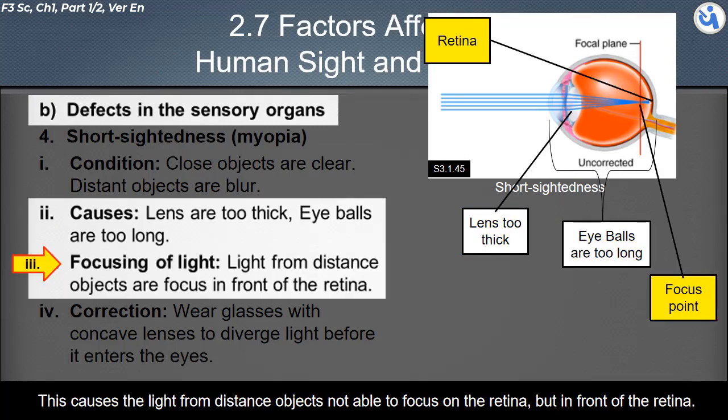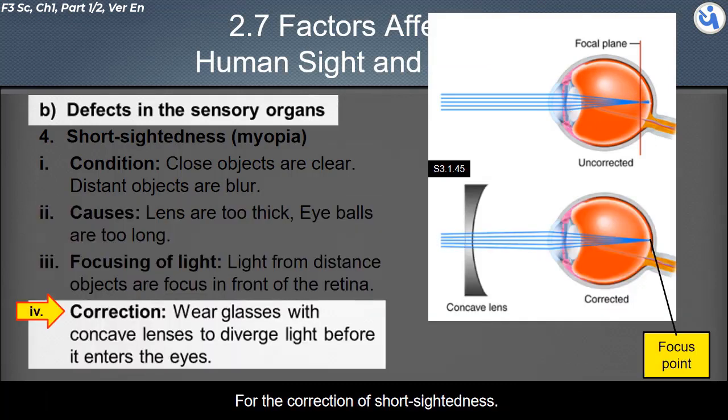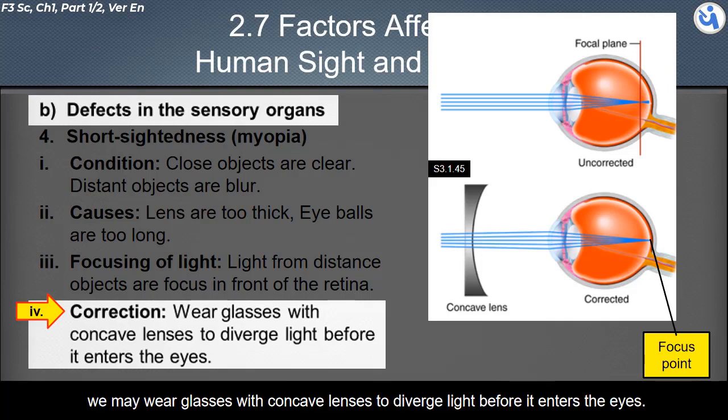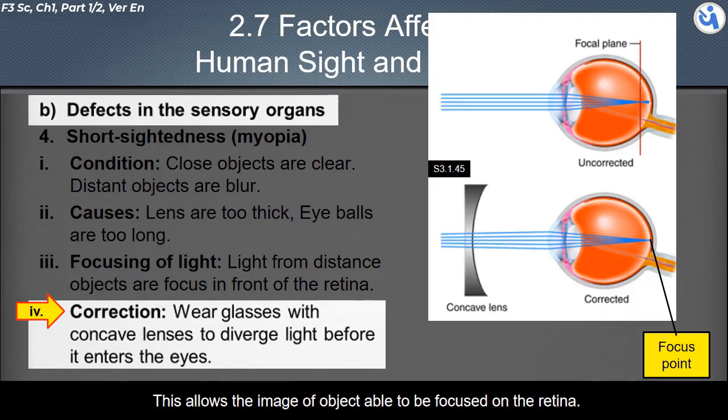This causes the light from distant objects to not focus on the retina, but in front of the retina. For the correction of short-sightedness, we may wear glasses with concave lenses to diverge light before it enters the eyes. This allows the image of the object to be focused on the retina.